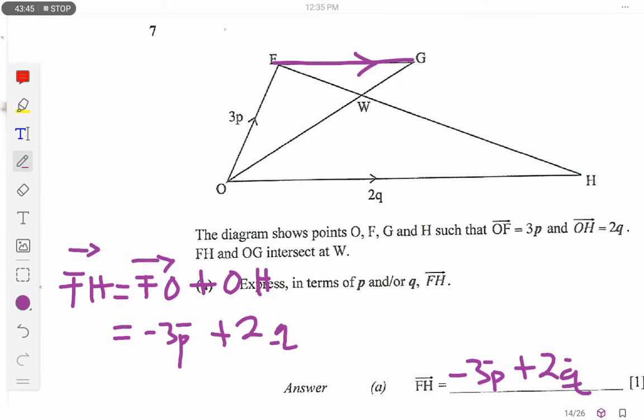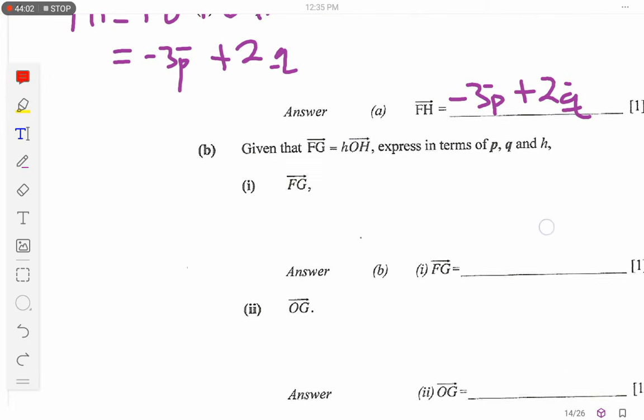We are moving from F to G, and they are saying it's going to be 3 OH. So we are taking this part here, OH. So basically, we can write FG as 3 times 2Q, that is 6Q. This is the value of FG there.